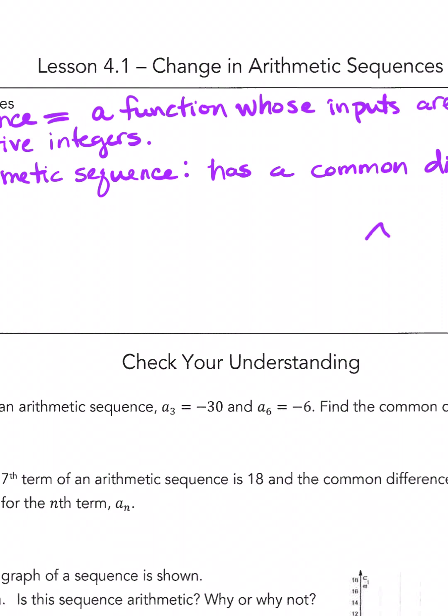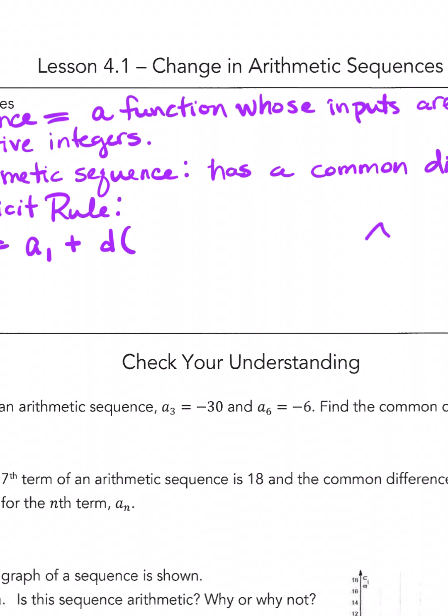Now, what is the explicit rule? What did we notice for the explicit rule? To go from one term to the next, to find any term that we want to, we take the first term and add what? Common difference times what? N minus what?